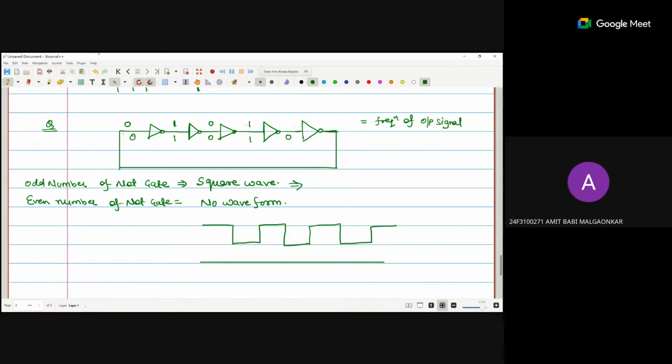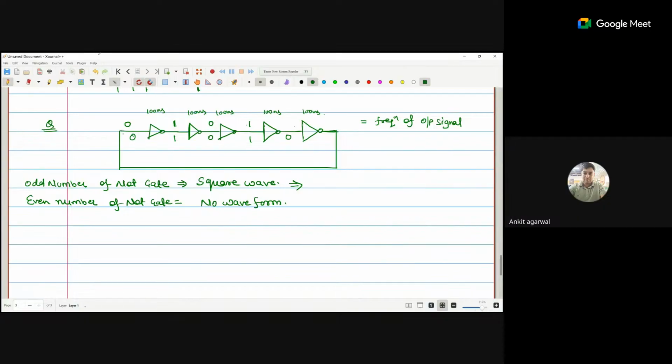Okay, so I am taking 100 nanoseconds. Now initially we assume that my output is in the reset condition, so the output is 0.